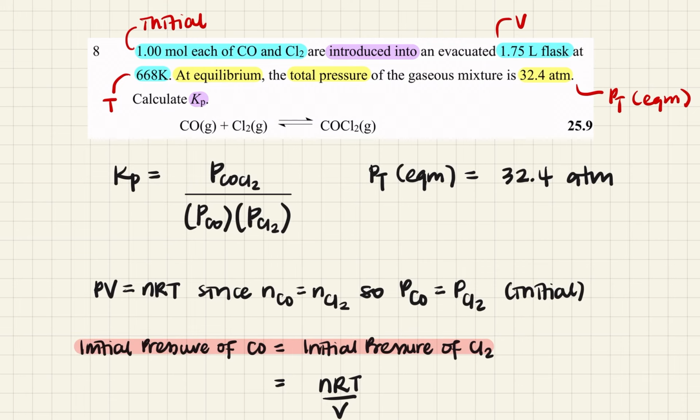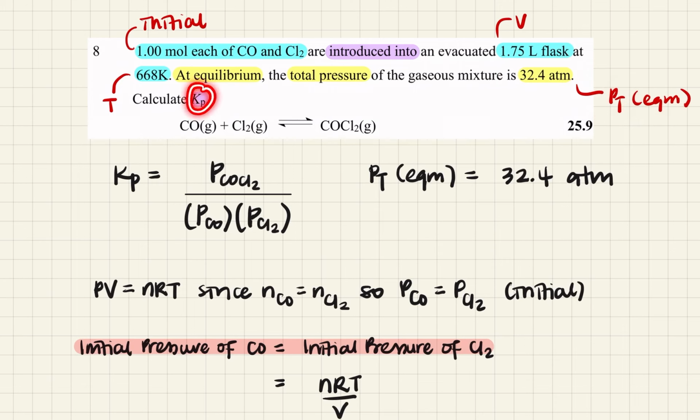Introduced into an evacuated 1.75 liter flask at 668 Kelvin. At equilibrium, okay, now it's at equilibrium, the total pressure of the gas mixture is 32.4 atm. So this is the total pressure at equilibrium.